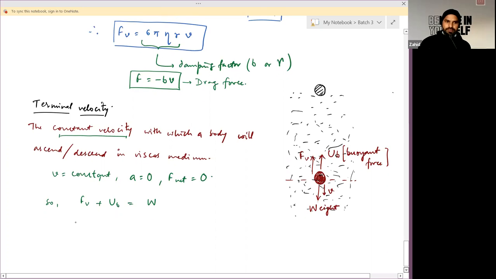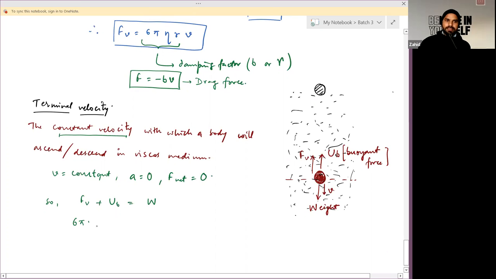Viscous force equals 6 pi eta r times v. Buoyant force is nothing but density of medium times volume times gravity. Weight of the object is density of the object times volume times gravity. Now move this term to the right hand side and calculate for v.